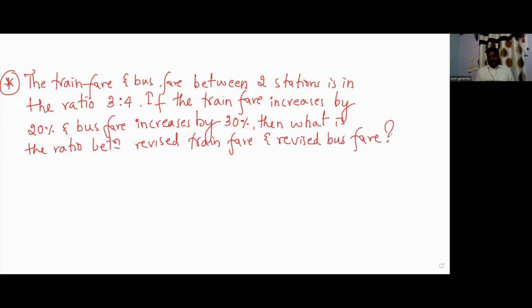Try to read the question properly and try to write everything in mathematical form if you can.